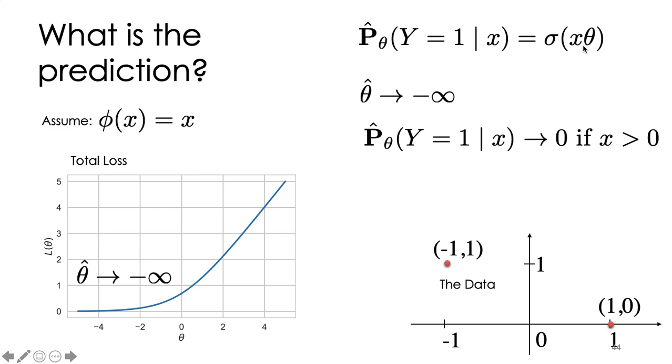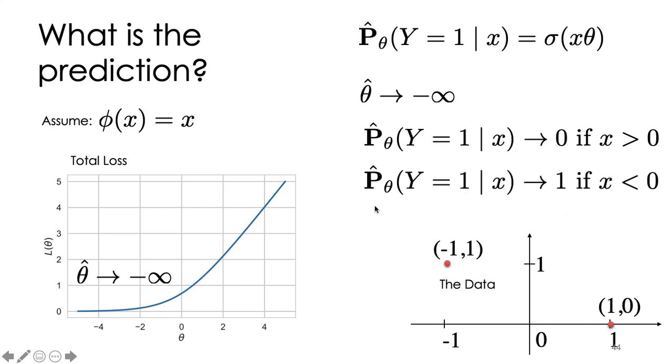The logistic function that we drew is 0 at minus infinity. And so what we are doing is we are predicting that if x is positive and your best theta is heading off to minus infinity, then your prediction is 0. That is, the chance that your label is 1 is 0 out here.